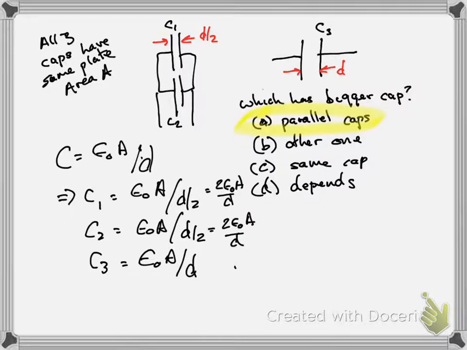And then in parallel, C equivalent of the parallel combination is C1 plus C2. In parallel, they just add, so you have even more. It's 4 epsilon 0 A over D. So the parallel combination has 4 times the capacitance of the single capacitor.